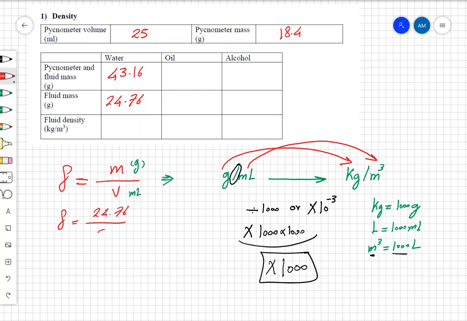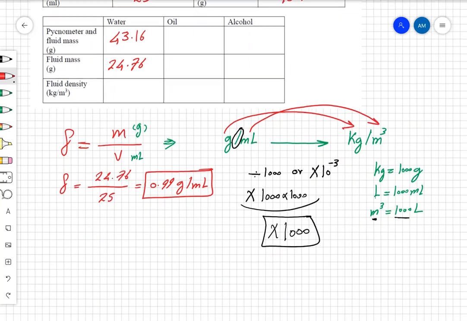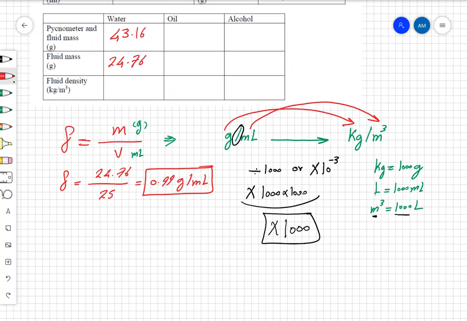So to get the fluid density, using this equation, the fluid density will be 24.76 divided by 25, which will result in 0.99 gram per milliliter. So we already know that this is the density of water, right? Okay, so let's convert it to kilograms per meter cube. I will follow the same approach but using numbers, so it should be clear now.